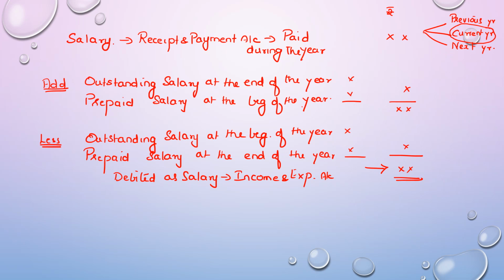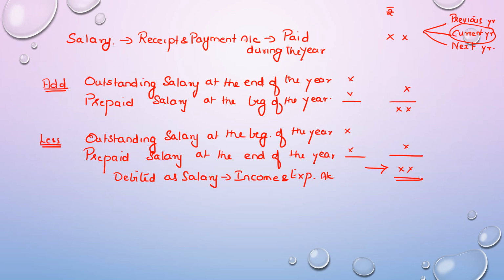So we would be adding certain items. What does this add item? We add outstanding salary at the end of the year. What do we mean by salary outstanding at the end of the year? As at the end of the current year for which we are preparing the financial statements, that is income and expenditure account, there is certain amount of salary which is still to be paid to the staff, which has not been paid.